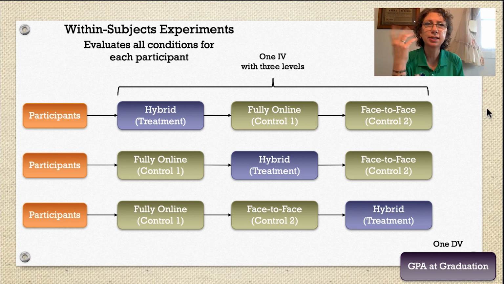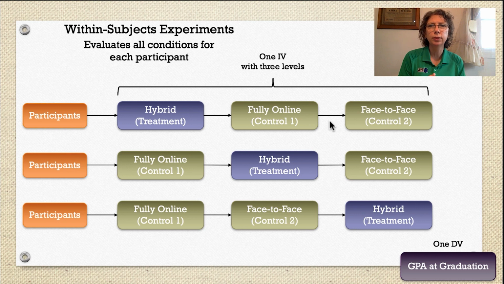Well, if it's the same course, then maybe they already had the information that they needed in the first part of the course, right? And then when they went into fully online, they already had like a primer and now they perform better. And then when they go to face-to-face, they perform even better.